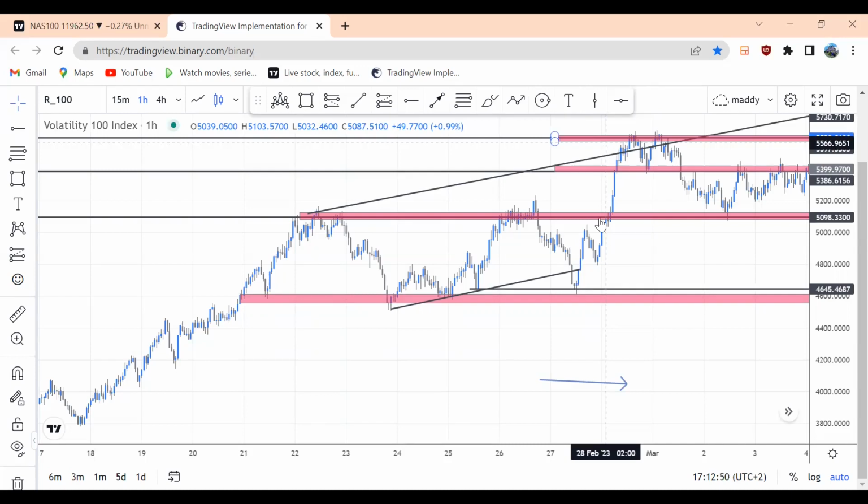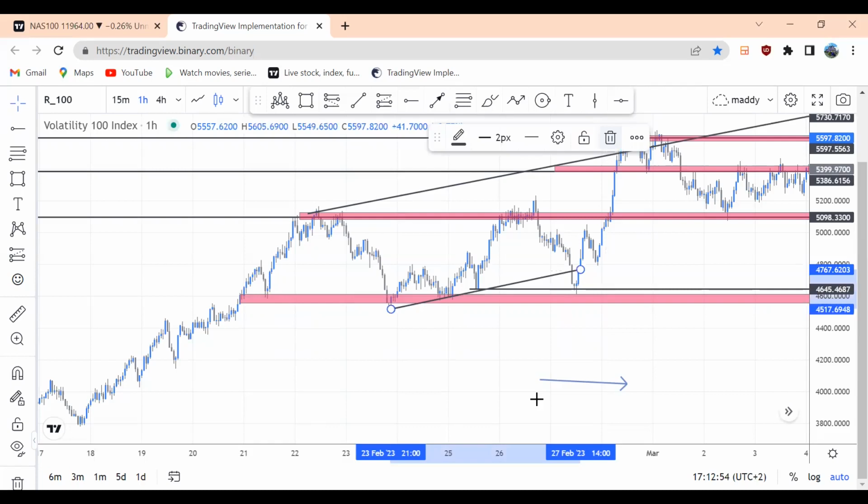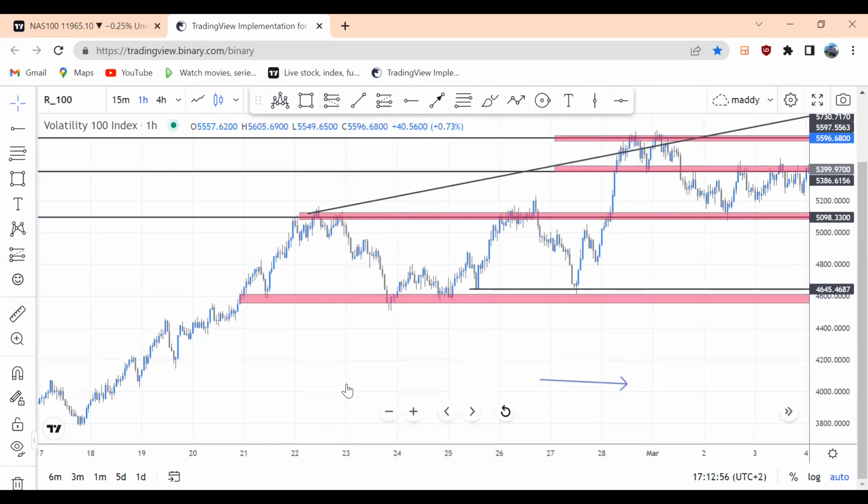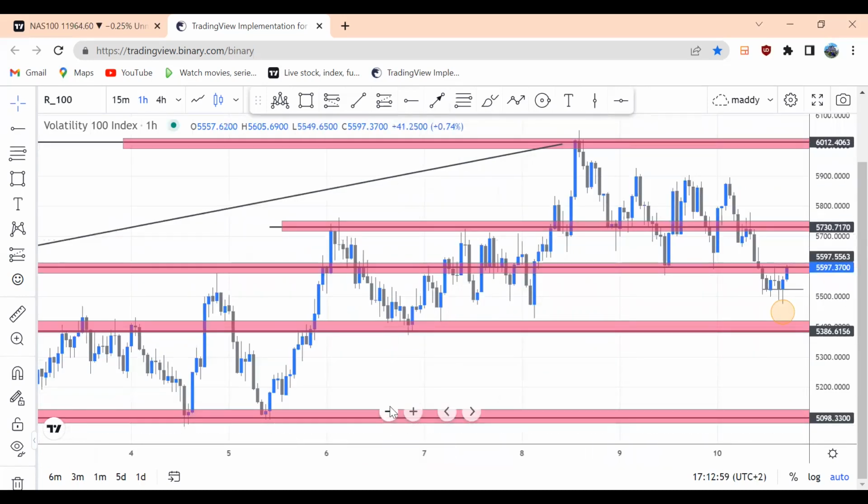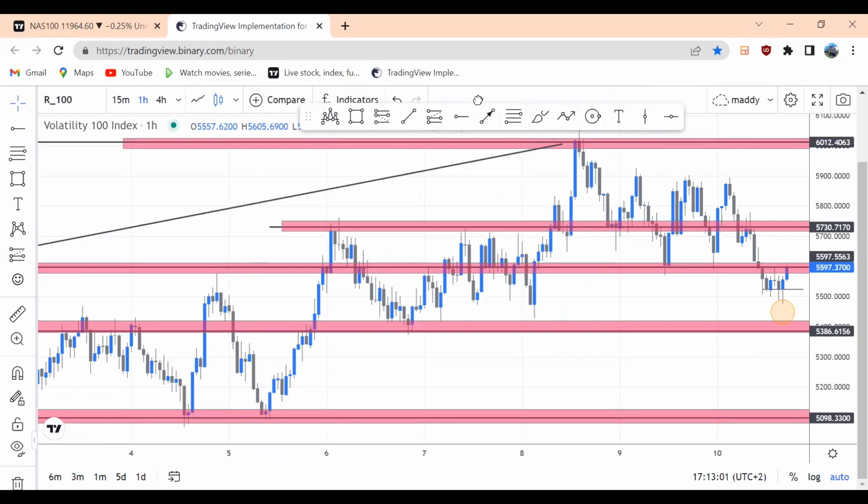So guys, moving forward to where the market is currently at. Let me put my trend line.